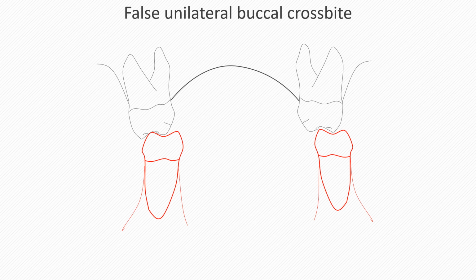Otherwise, when the unilateral buccal crossbite is associated with lateral mandibular displacement, which is called the false unilateral buccal crossbite, in this case it needs treatment because the false unilateral buccal crossbite causes deviation of the mandible and affects the symmetry of the face.